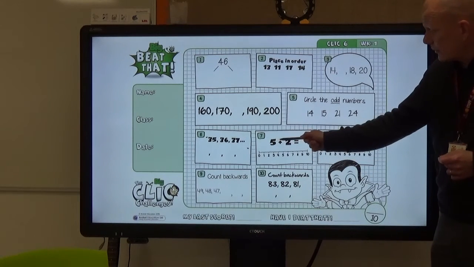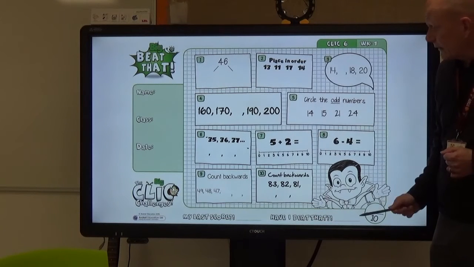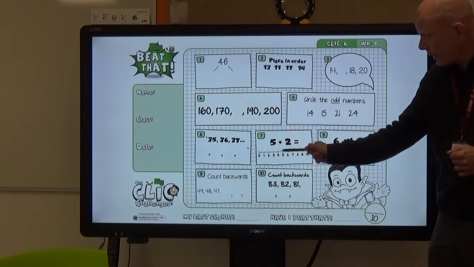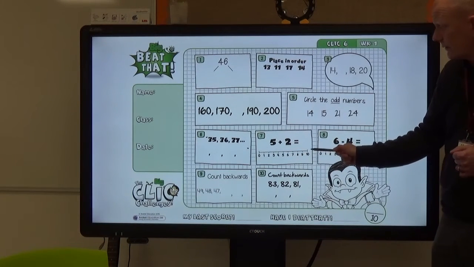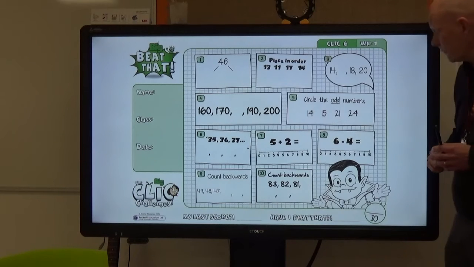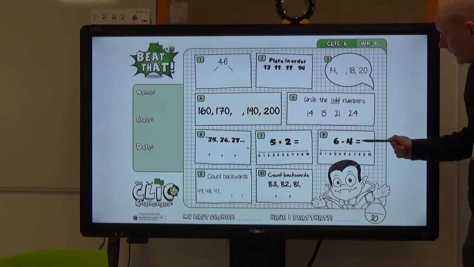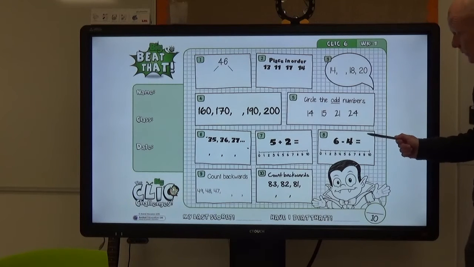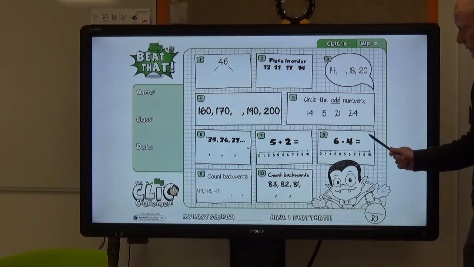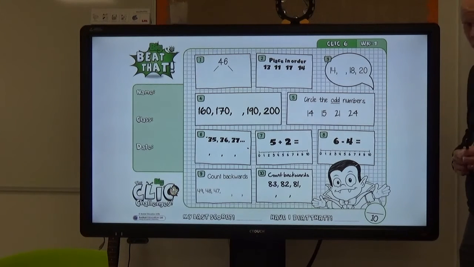If need be, there's a number line to help there too. But 1 mark if they get that correct. And similarly for number 8, it's looking at the number sentence there, writing it down, and then working out the answer. And again, there's a number line to help there if needed. And if they get that correct, 1 mark.